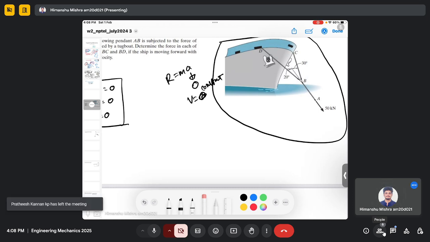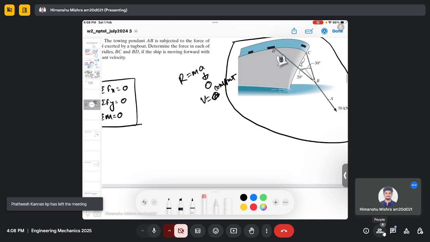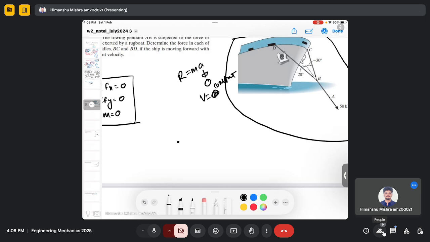So first, let's make the free body diagram. That is the first step. Let's say this is my A. It is experiencing 50 kilonewton. Let's say this is BD, and this is point B. This is BD and this is BC.